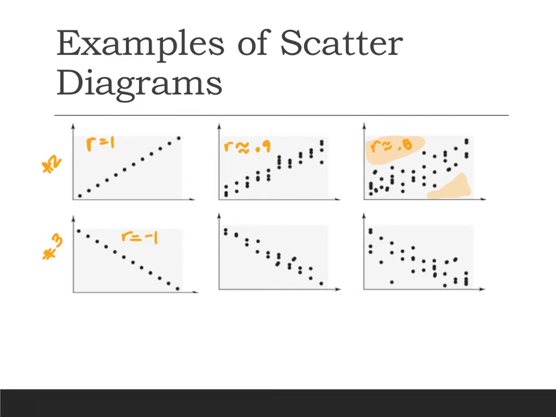It's just not quite as tight together. The points aren't all as close to what that line might look like. If I were to think about where that line might be, I might have a line going up through there. And so those points aren't quite as close as if they were going through that data.